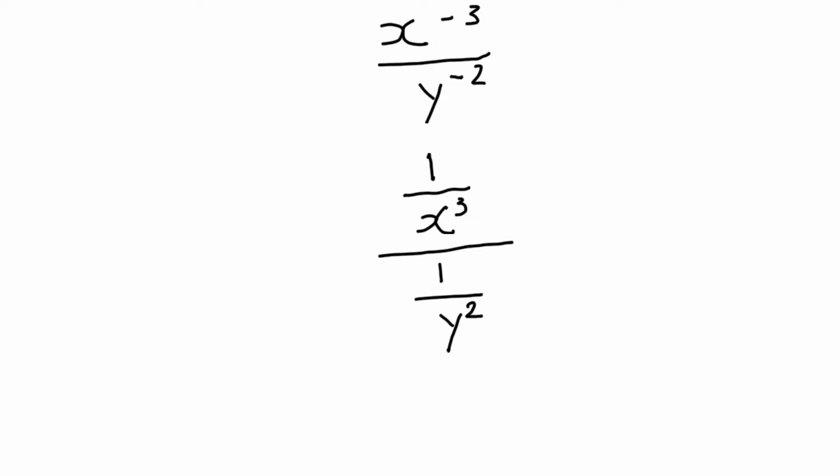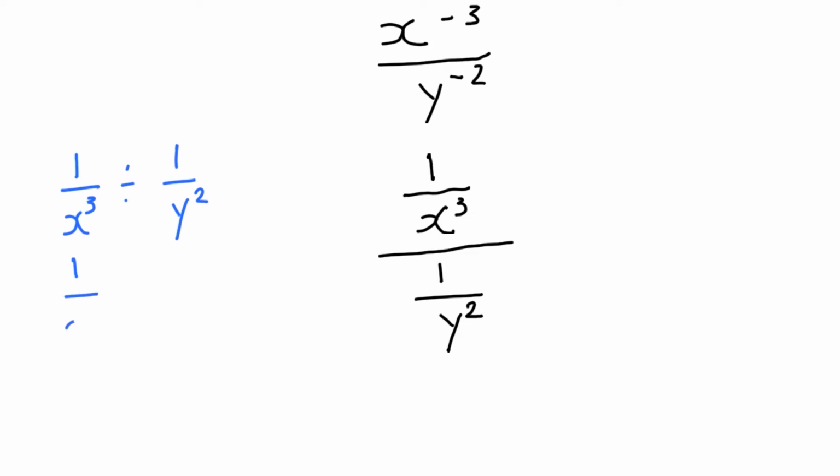If you have a fraction like 1 over x to the power of 3 divided by 1 over y to the power of 2, in the past, when you had a fraction divided by another fraction, you probably learned that you can keep the first fraction the same, flip the second fraction upside down and turn it into multiplication.